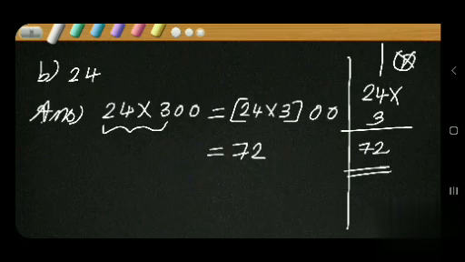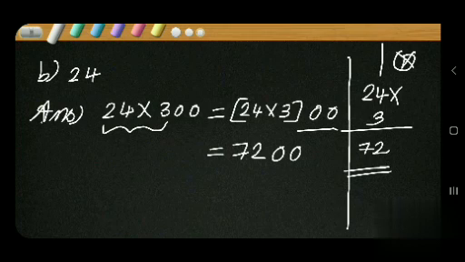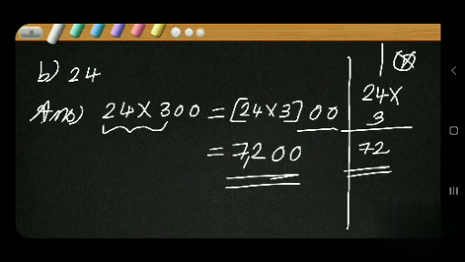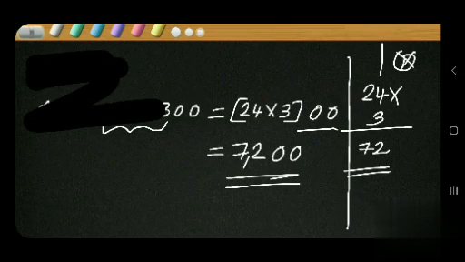So the answer is 72. With this 72, how many zeros? Yes, 2 zeros. So how to read this number? 1s, 10s, 100s, comma. So this answer is 7200. Got it? Now let's do C.